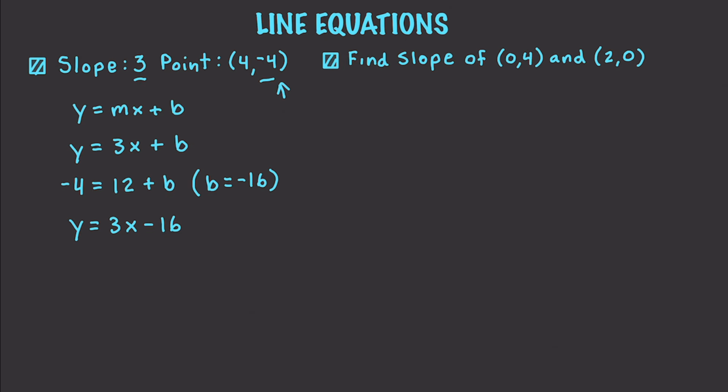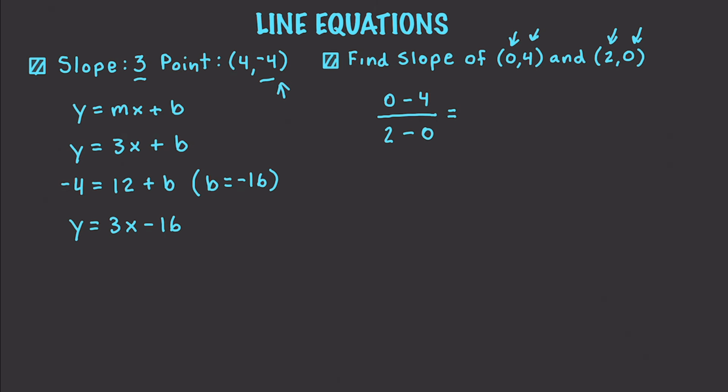All right, so how do you find the slope if you have 2 points? Well, you're just going to go and get your y value over here, 0, and you're going to subtract from it the y value right here, which is going to be 4. You're going to divide that by this x value right here, 2, minus this other x value.